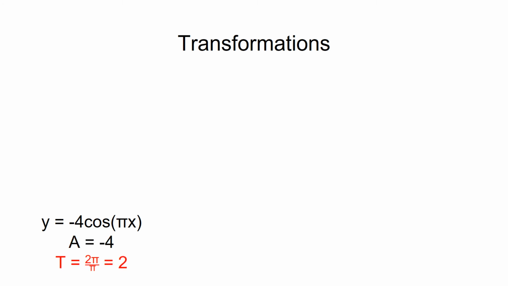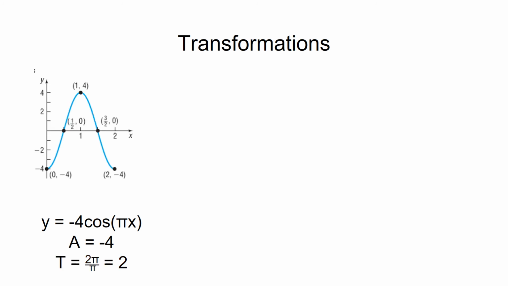We find that the period is 2, and this is enough information for us to be able to graph one period of -4 cosine pi x on the interval 0 to 2. So we see that rather than having the maximum value at x is equal to 0, there's a minimum value there, and the maximum value occurs halfway through the period.